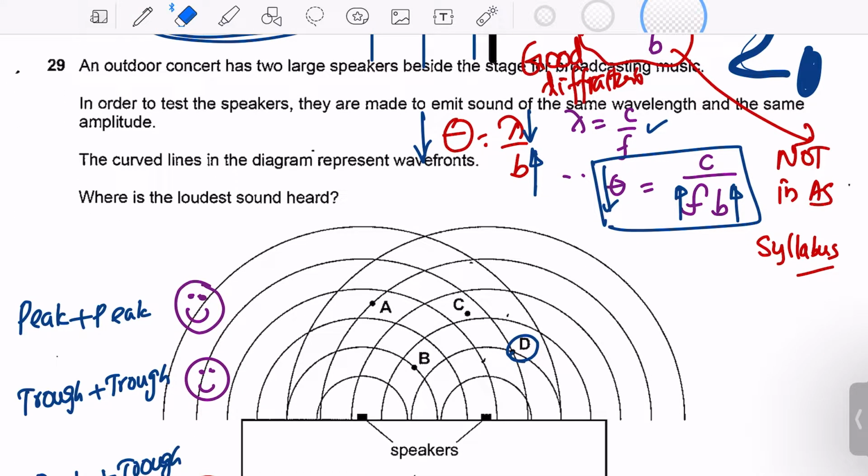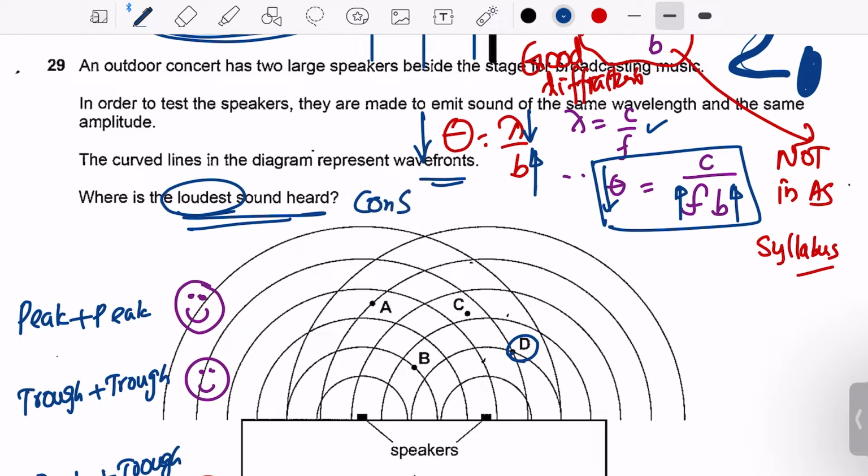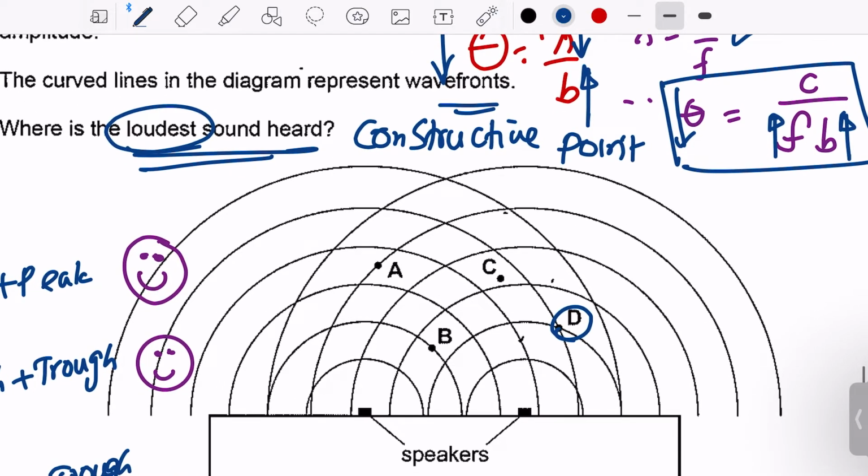Alright, next one. An outdoor concert has two large speakers beside the stage. Okay, wave fronts. Loudest sound, loudest. So they are talking about a constructive point. We know the sound or any other wave is made of crests and troughs. So what is missing here is troughs. Let's draw some troughs.